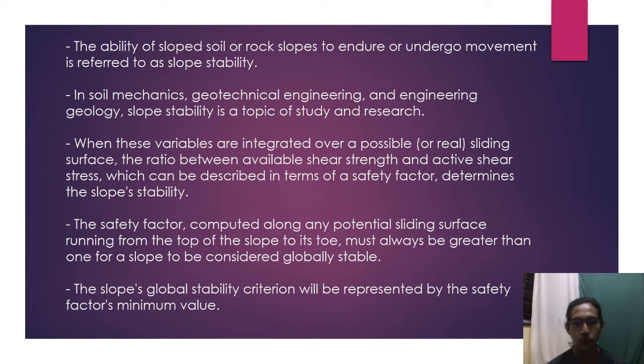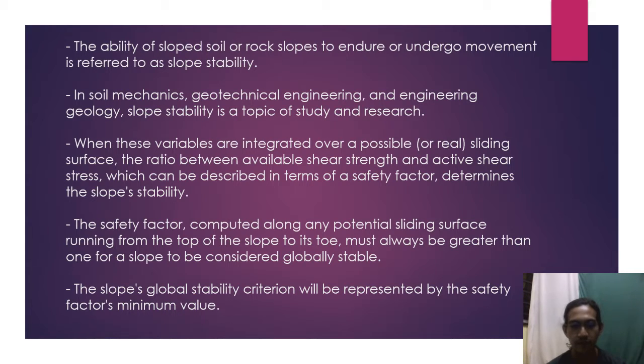The ability of slope soil or rock slopes to endure or undergo movement is referred to as slope stability. In soil mechanics, geotechnical engineering and engineering geology, slope stability is a topic of study and research. When these variables are integrated over a possible or real sliding surface, the ratio between available shear strength and active shear stress, which can be described in terms of a safety factor, determines the slope stability.